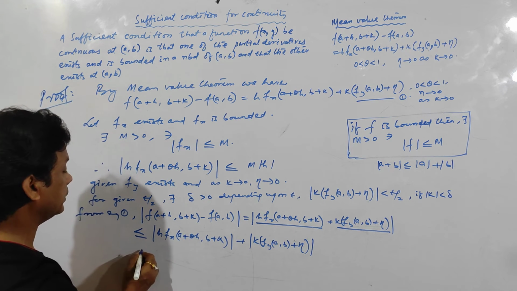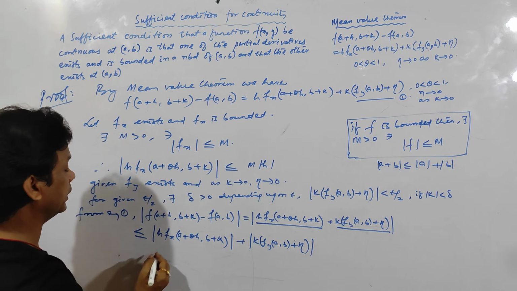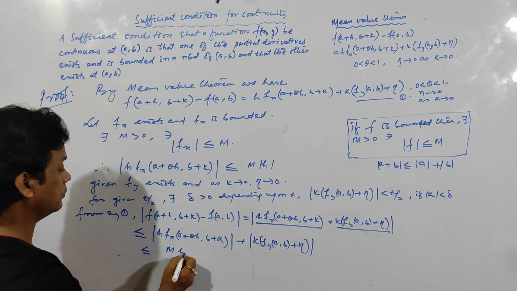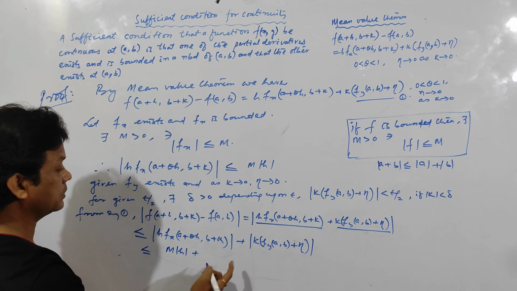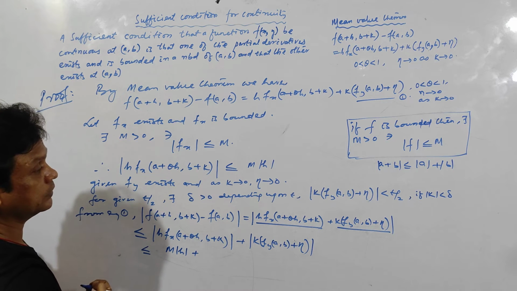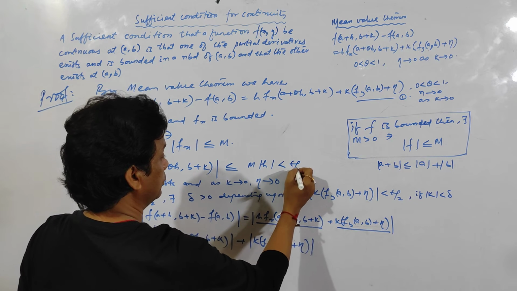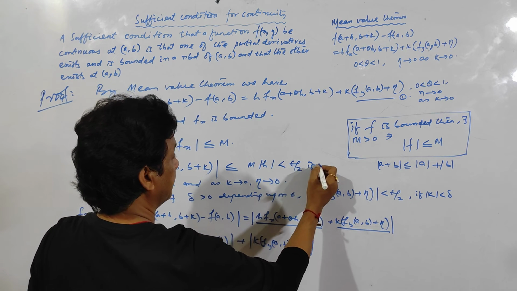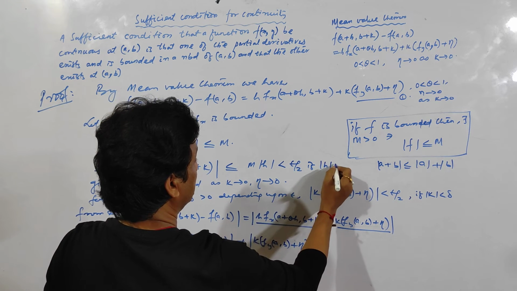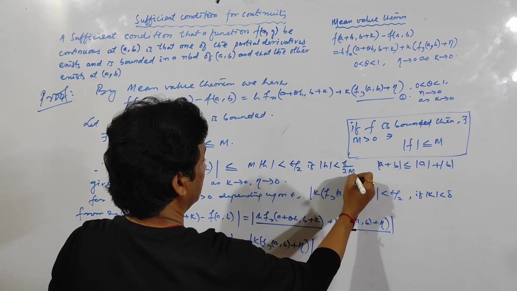So this quantity h into fx is less than or equal to m into mod h, plus this quantity, and this mod h will be less than epsilon by 2 if mod h is less than epsilon by 2m, epsilon by twice m. So this is the condition.